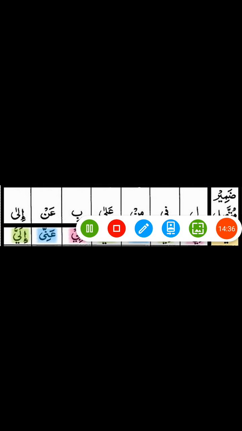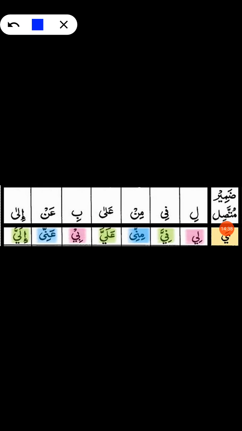First of all, we have our ya mutakallim, and we're going to divide this into three types. If you make this jar majrur combo with the ya mutakallim, and your harf jar is bi or li, it is going to remain the same. Remember there are three kinds of ya mutakallim.